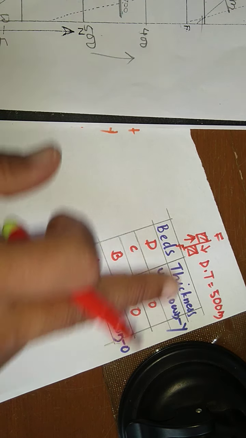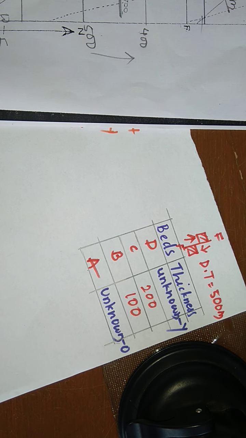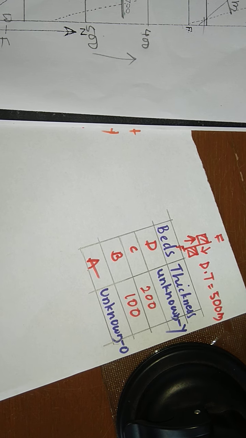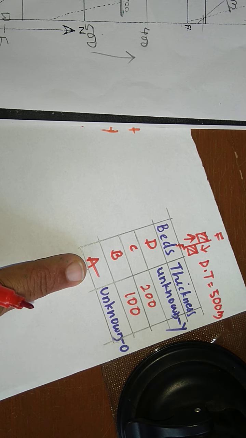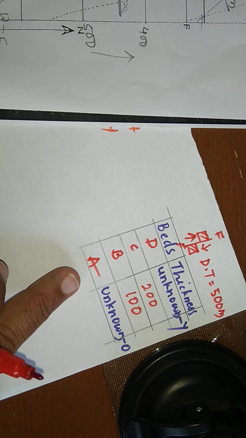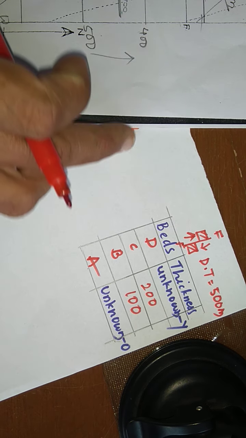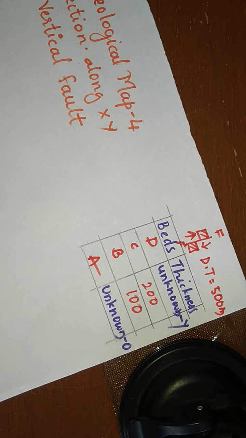Then due to tectonic activity, all these beds were uplifted, then exposed and eroded, and after erosion there was a faulting activity, and now they are showing the present geological features. So this completes map number 4, which shows the vertical fault.